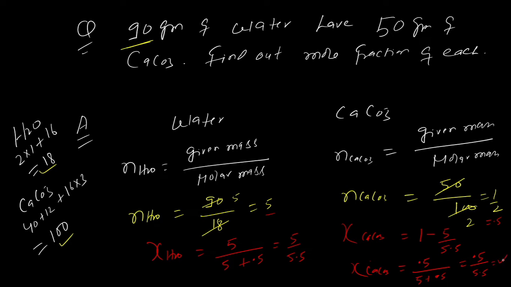Whatever comes will be your answer. So you can find the mole fraction of CaCO3 in both ways, either by subtracting the mole fraction of water from 1, or by using the same formula, number of moles of A upon total number of moles. Now move towards the next type of question.